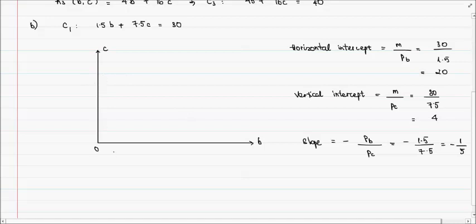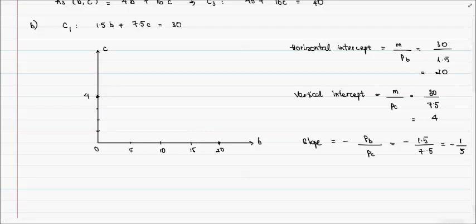So 4 and 1 is 20, so I'll say 1, 2, 3, 4, and over here I got 5, 10, 15, and 20. So the horizontal intercept is 20, which is here, the vertical intercept is 4, which is here.